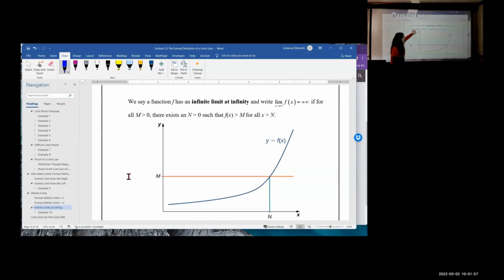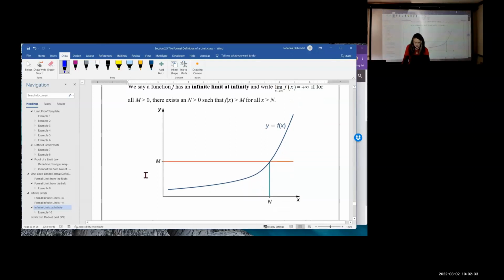if for all M greater than 0, that's the y value again, there exists an N on the x-axis such that the y values are all bigger than M as long as I am past N. In other words, no matter what huge, enormous number you choose for M, I can find an N on the x-axis where all the values past that are bigger than M. And that means the function has to be approaching infinity as the end behavior on the right.